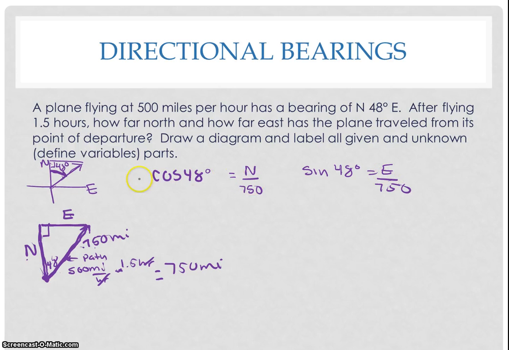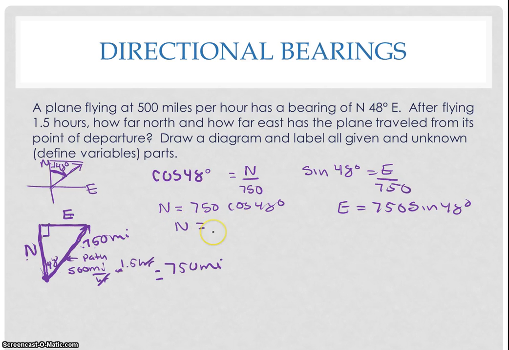So I'm going to multiply my cosine equation by 750 and get the north value is 750 cosine of 48 degrees, and then do the same thing with the second equation and get the east value is 750 sine of 48 degrees. Now since both of these are in degrees, I need to make sure I'm in degree mode.